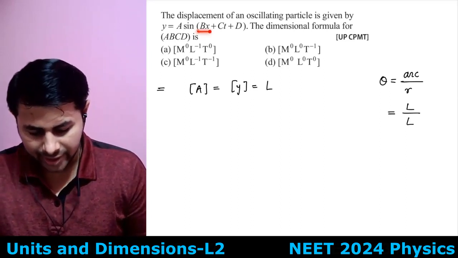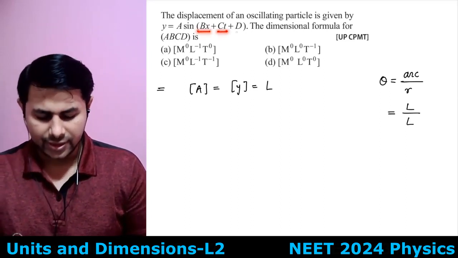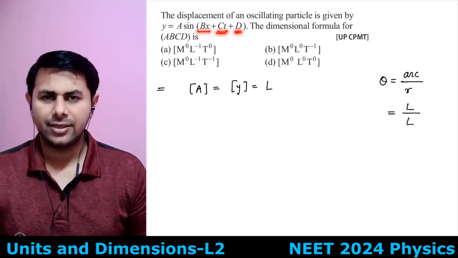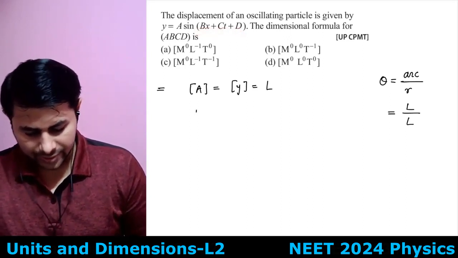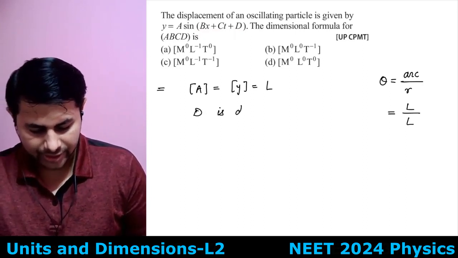That means b times x, c times t, and d have no dimensions. So I can say d is dimensionless already.